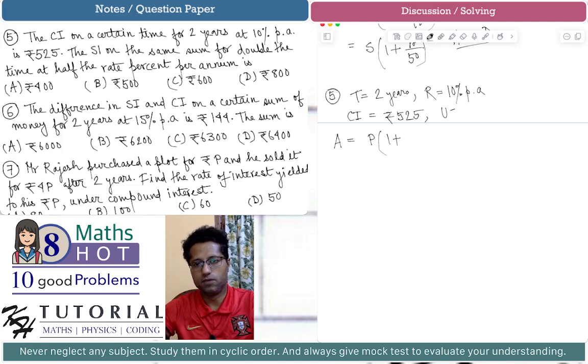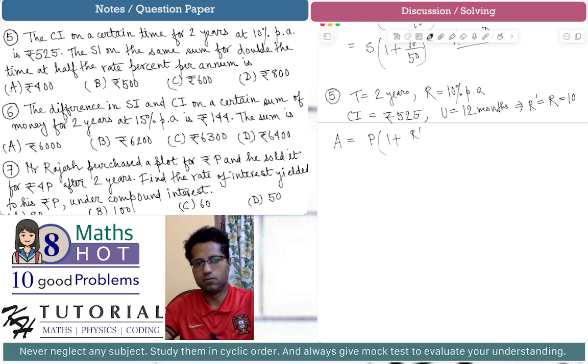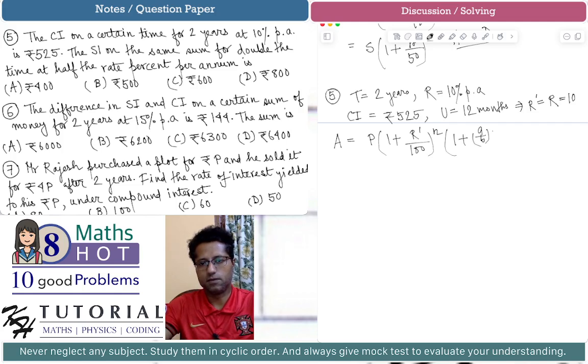So, U will be equal to 12 months. If U is equal to 12 months, this implies R dash is equal to R, which is 10. The general formula is A equal to P into 1 plus R dash by 100 to the power small n, multiplied by 1 plus fraction A by B, R dash by 100.